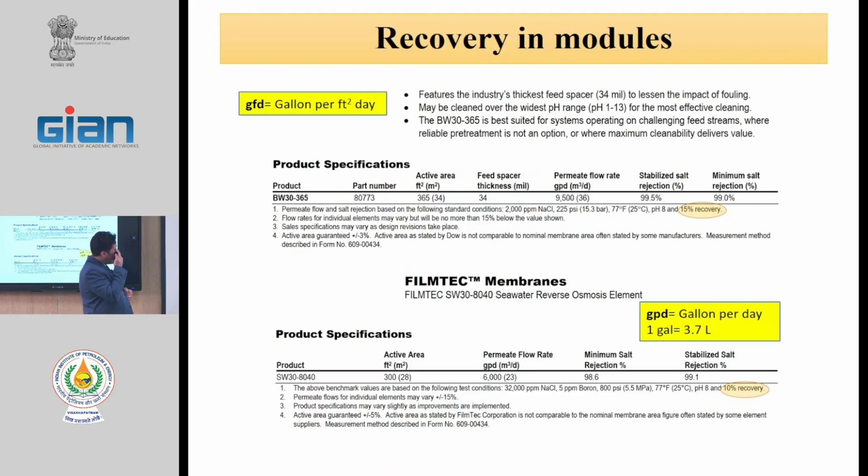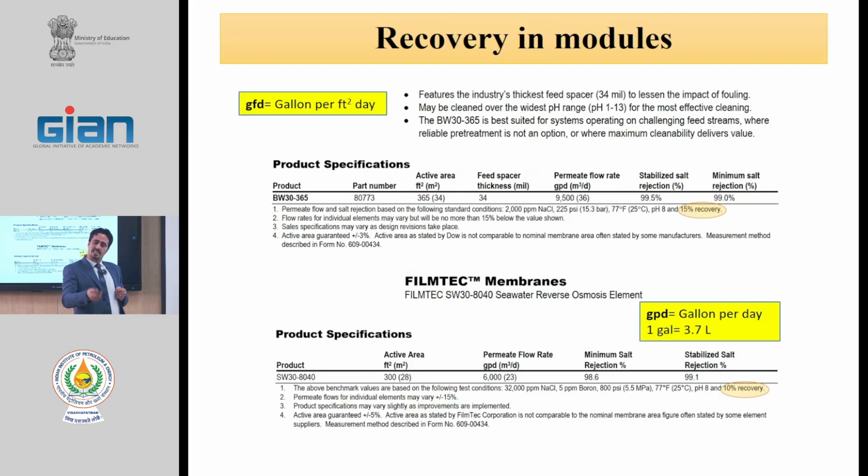That means if we want to reach, for example, 75% recovery, we must use 5 series modules. Therefore, with 1 module, we can only reach 10 or 15% recovery.